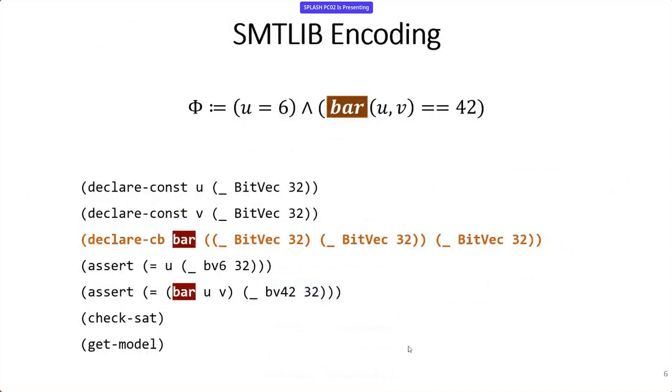This is the way we encode it in our tool. This is an encoding in bit vector theory, and we have a keyword, declare-cb, to declare bar to be a closed box function, and we assume that the interface is available to us.